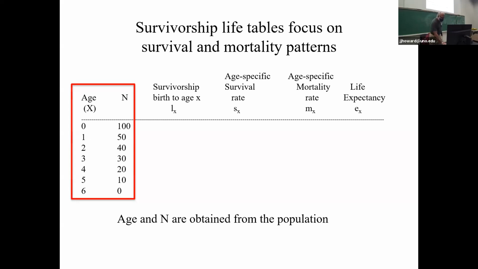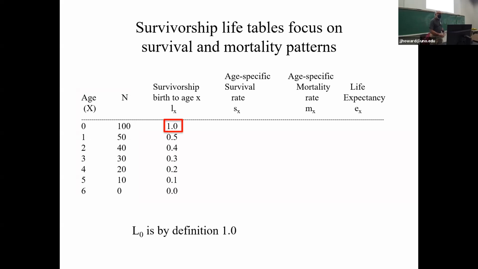So the first thing to do is to understand that the survivorship from birth to birth is by definition 1. So L sub 0 is always 1. Because if you're born, you survive to be born, right? Okay.